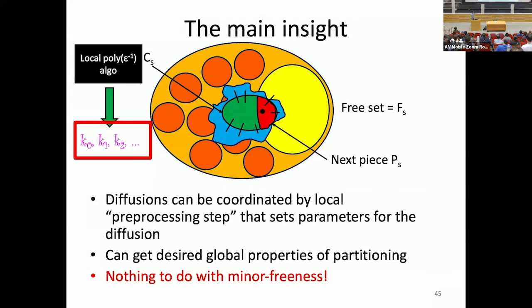And we get these desired global properties of the partition locally by choosing these parameters appropriately. So the magic of spectral graph theory in the toolkit is in helping us find these parameters. Once you get the parameters, the algorithm is really not that complicated. So a lot of the pain is hidden in the analysis.